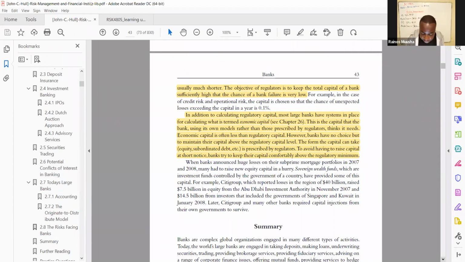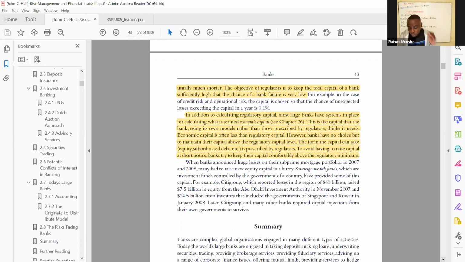Then on page 43, they say, in addition to calculating regulatory capital, most large banks have systems in place for calculating what is termed economic capital. This is the capital that the bank, using its own model rather than those prescribed by regulators, thinks it needs. Economic capital is often less than the regulatory capital.